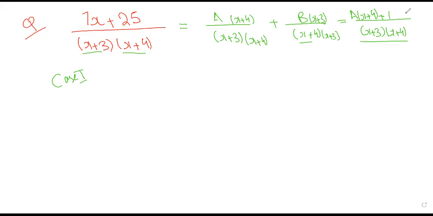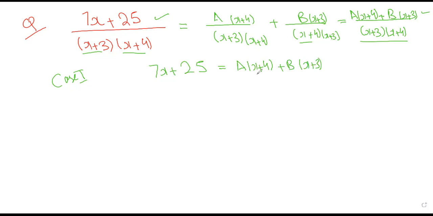And that will give me B into x plus 3. Now I have two expressions that are equal, this and this. Their denominators are also equal, so I can just compare the numerator. So it is 7x plus 25 equals A into x plus 4 plus B into x plus 3.